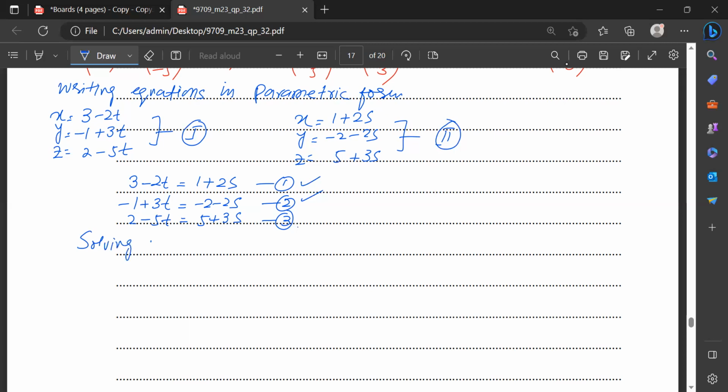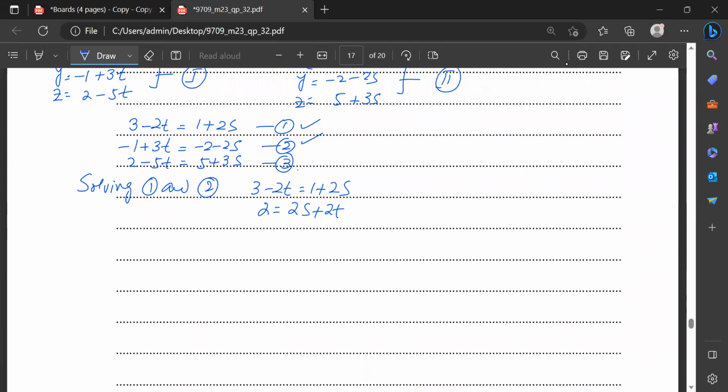Solving 1 and 2 simultaneously. 3 minus 2t is equal to 1 plus 2s. I can simplify it like this: 2 is equal to 2s plus 2t, and from here, 1 is equal to s plus t.